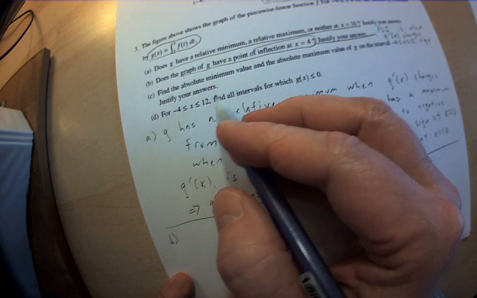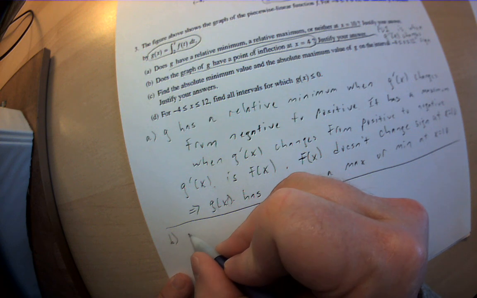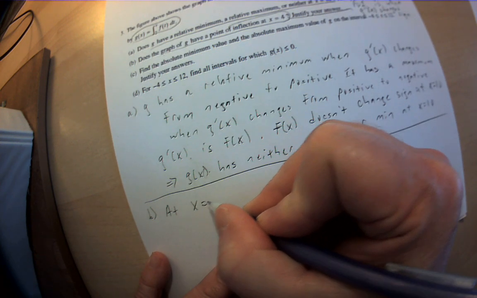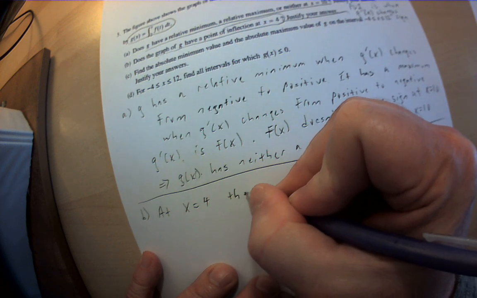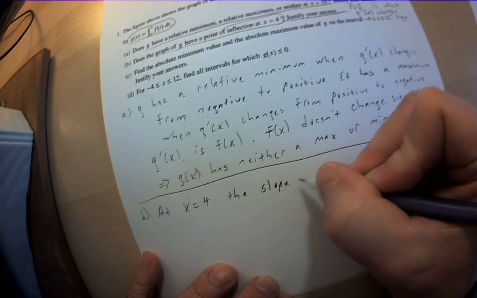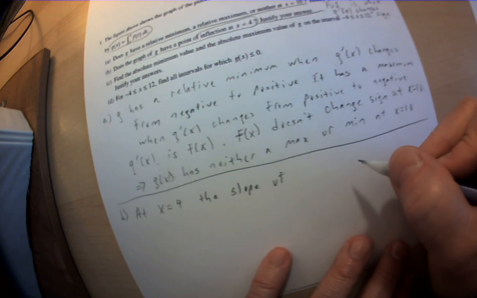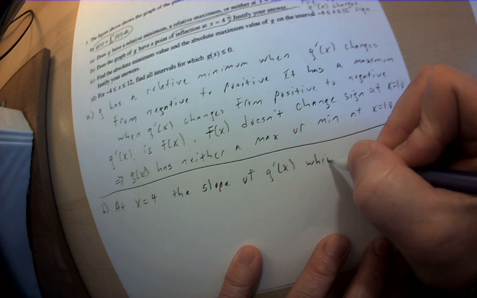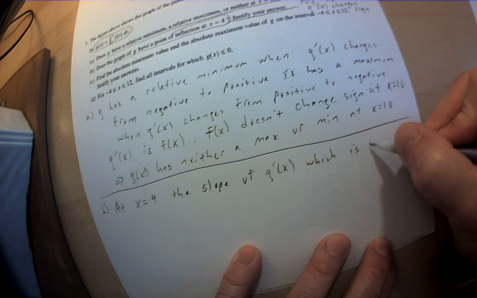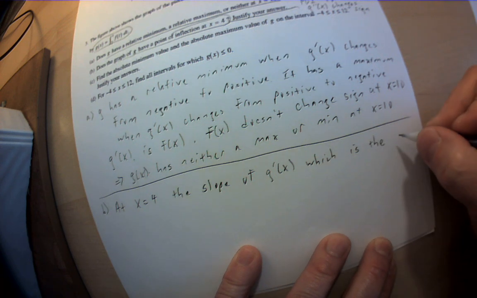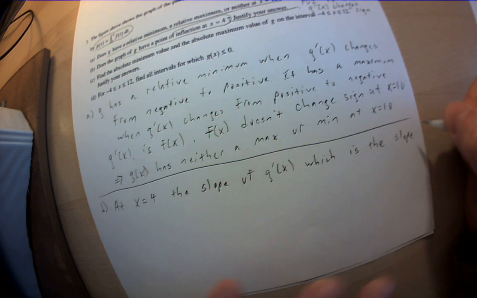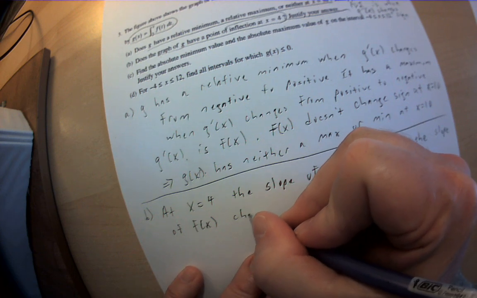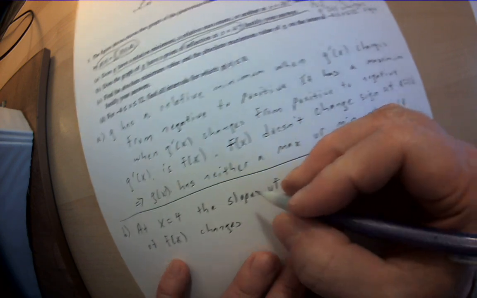Let's see. At x equals 4, the slope of g prime of x, which is the slope of f of x, changes sign.